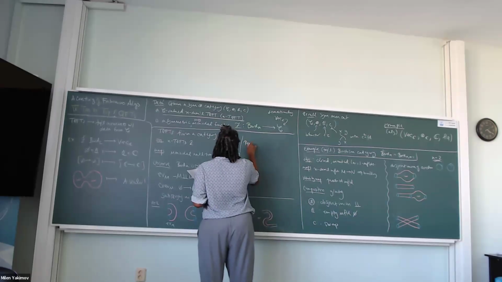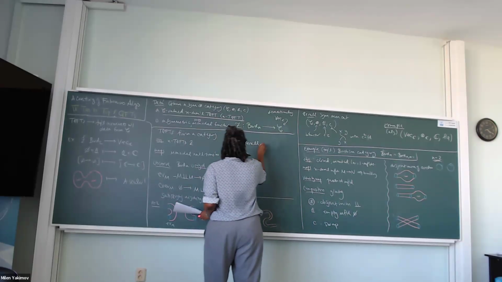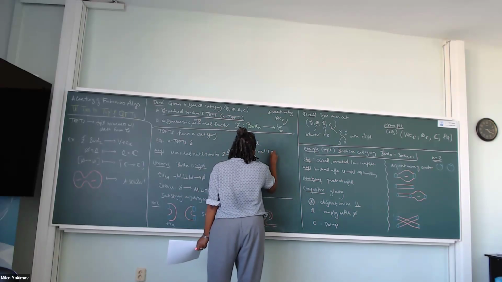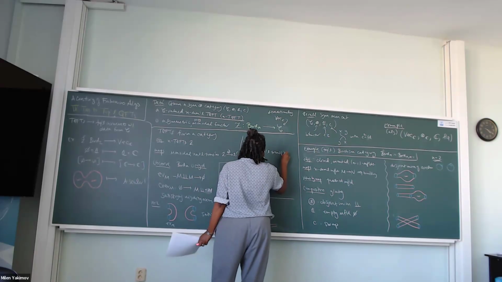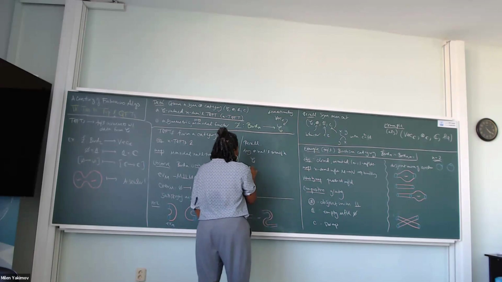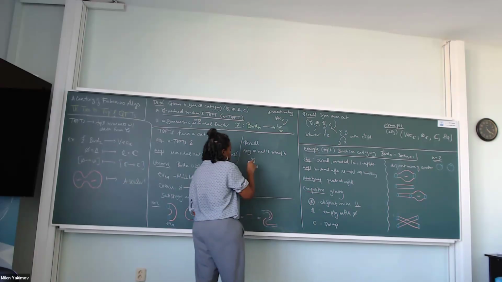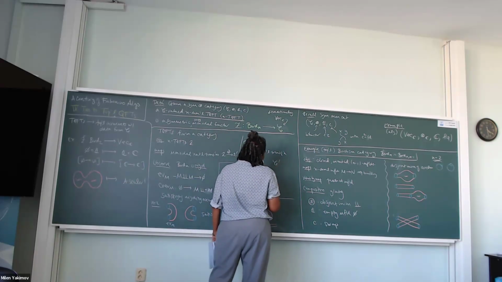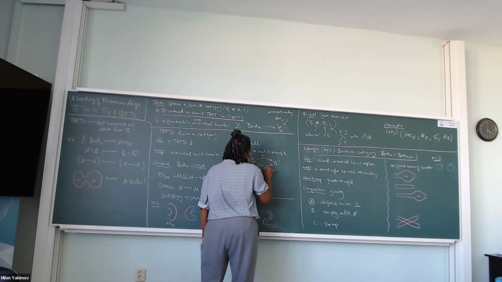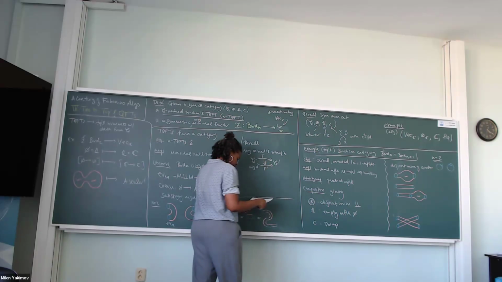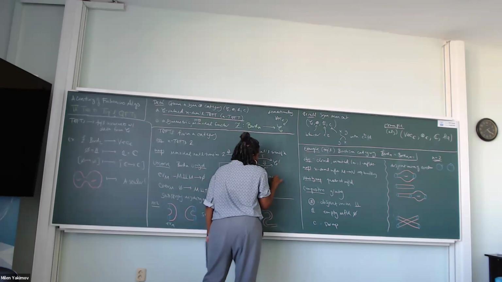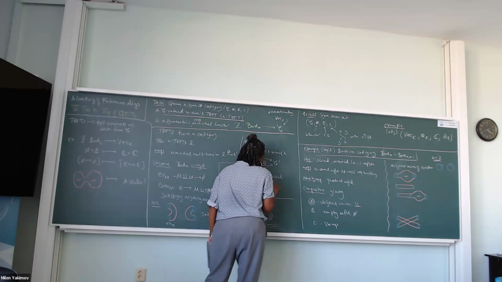Also recall that any monoidal natural transformation going between functors from a rigid monoidal category to any arbitrary monoidal category is actually a monoidal natural isomorphism.